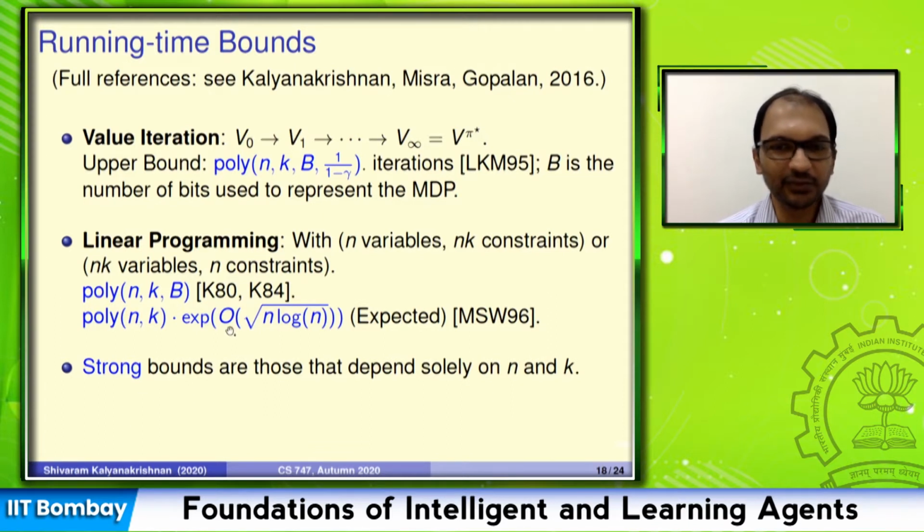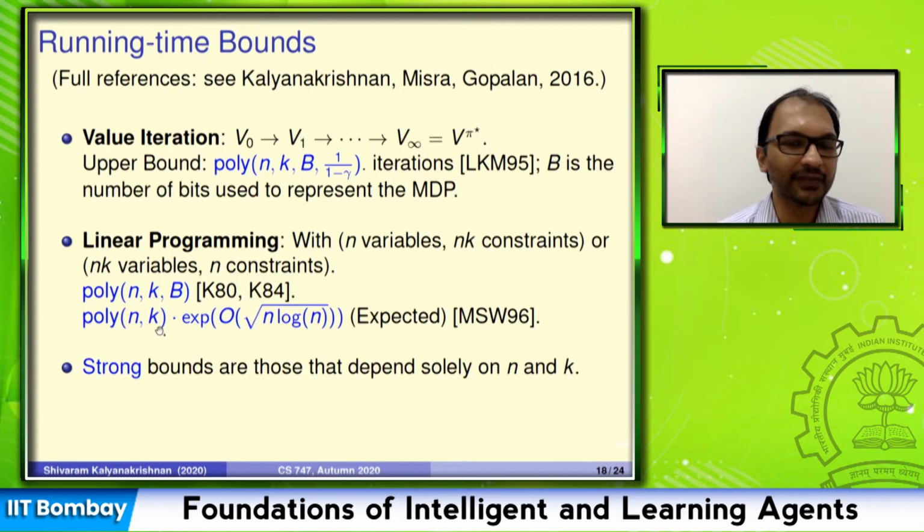So this was one of the early results in the context of linear programming, which showed that it actually suffices to do a sub-exponential number of arithmetic operations in order to solve a linear program.